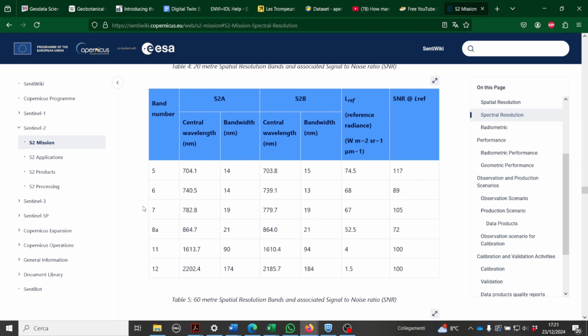Then you see they have a different numbering for the 6 bands of the 20-meter dataset, that is the band number 5, 6, 7, 8A, 11, and 12.